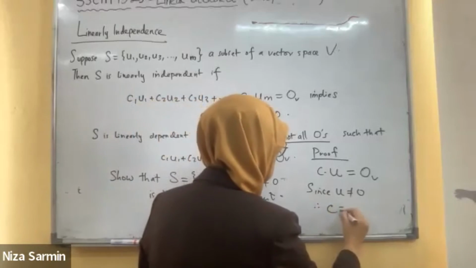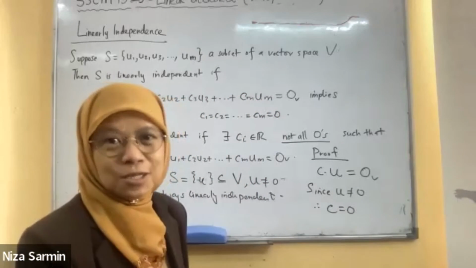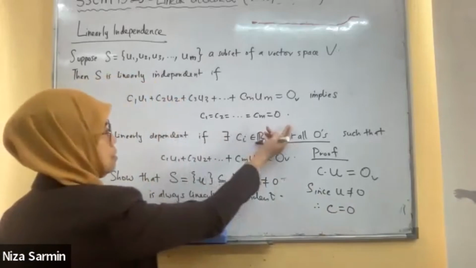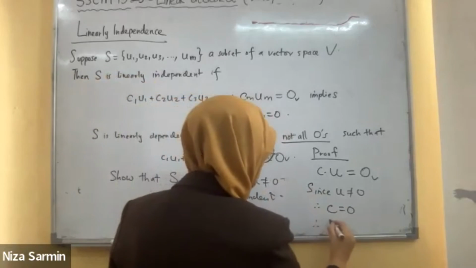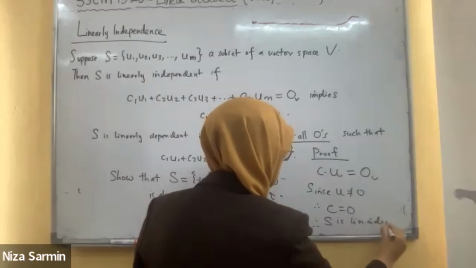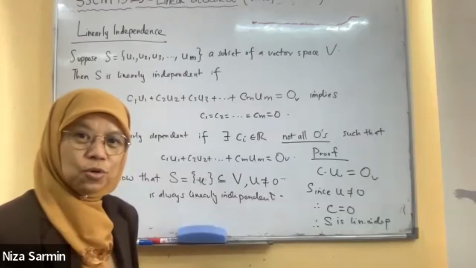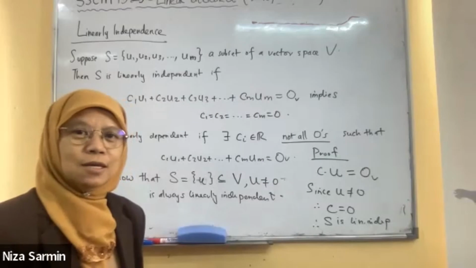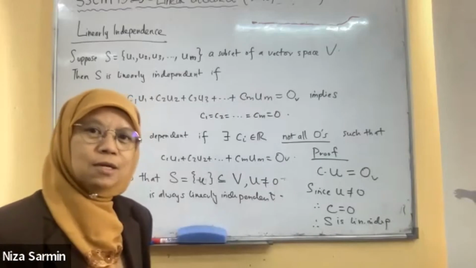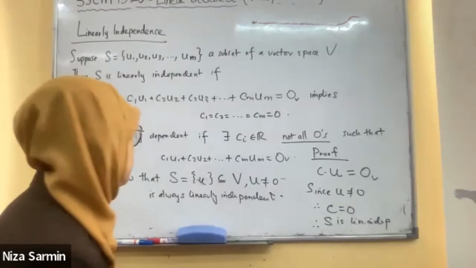So C must be 0. So since C is 0 by definition, S is linearly independent. That's it. Okay. So after this, if you are given only one vector in a set, it's linearly independent.